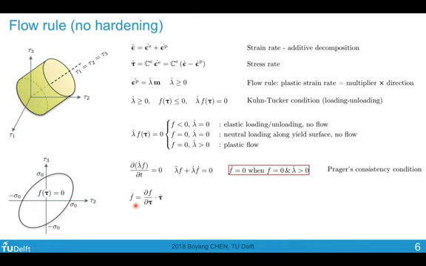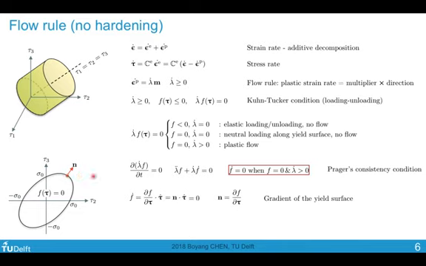We can then write f dot as the partial derivative of f with respect to tau, dot product with the stress rate. This partial derivative of f with respect to tau is simply the gradient of the yield surface at our current stress state where the yield condition is satisfied.